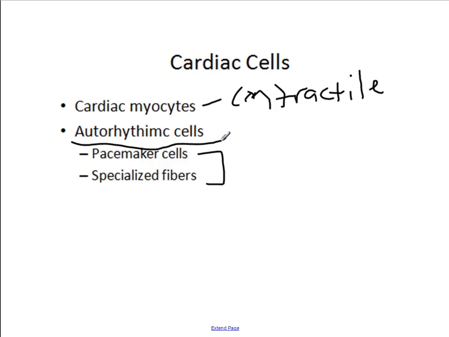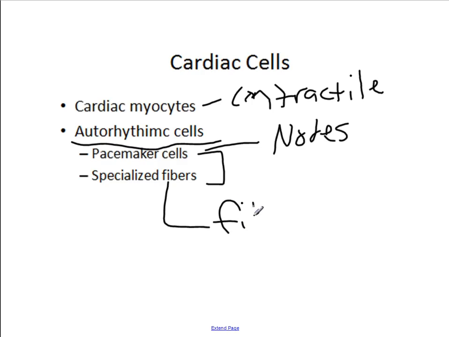All right, these pacemaker cells are found more in the nodes of the heart and in the cardiac conduction system, and then the specialized fibers are found in the actual fibers of the cardiac conduction system, for example Purkinje fibers. All right, and again, we'll talk more about these later on. But how they depolarize is pretty similar.